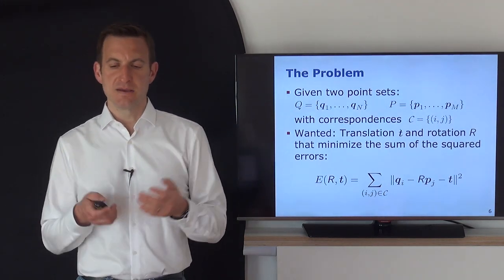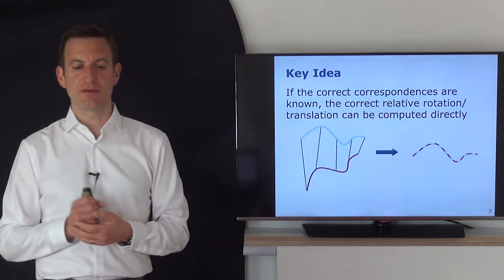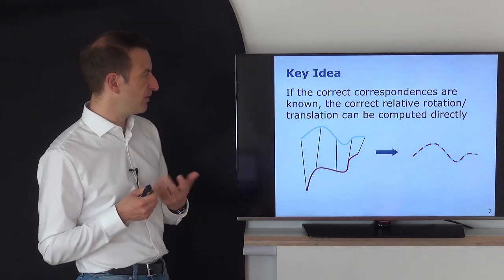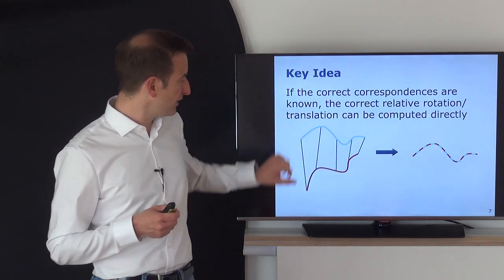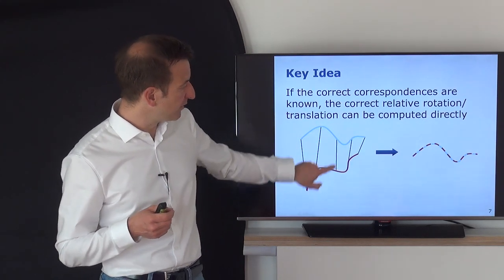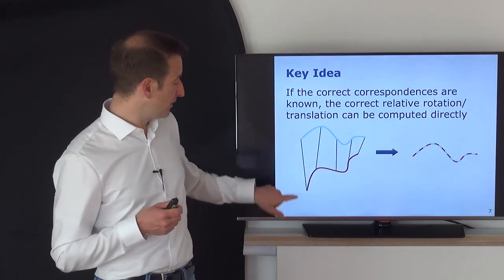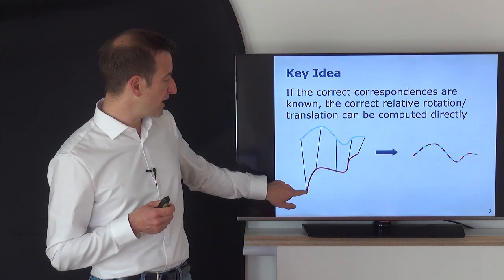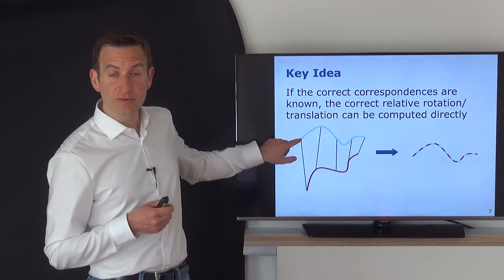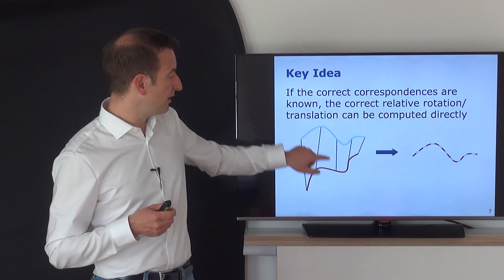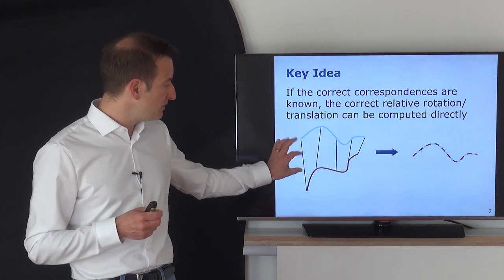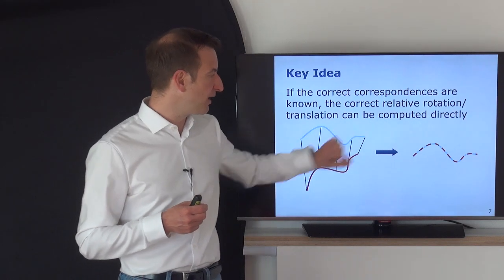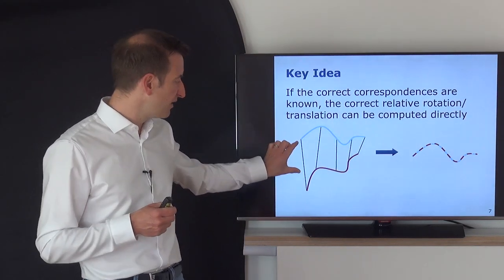Okay, so the key idea: assume we know those correspondences, and assume they are correct. Let's say we have 2 surfaces, the blue surface and the red surface over here, and those black lines indicate the correspondences. That means this point in the red scan corresponds to this point in the blue scan, and in the same way down here. So we want to find the transformation which minimizes the sum of the squared distances of these black lines.